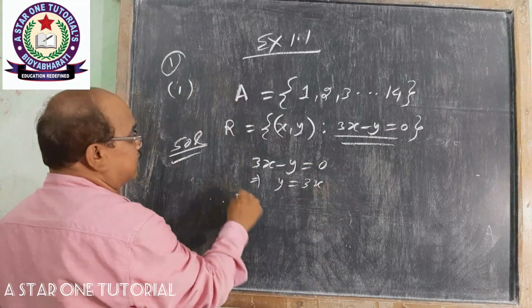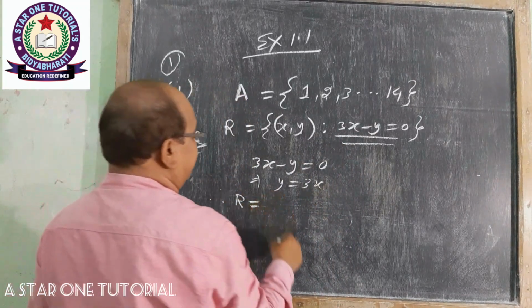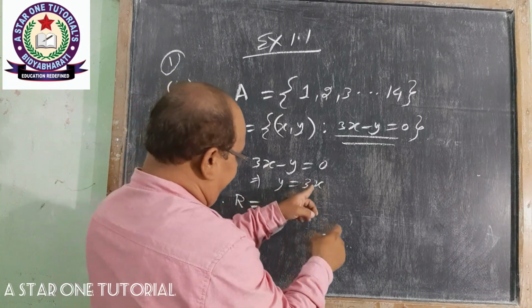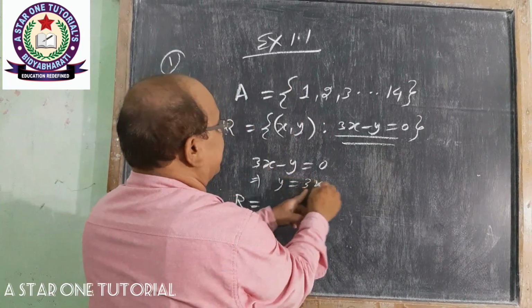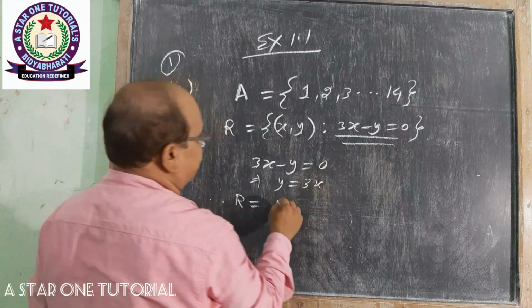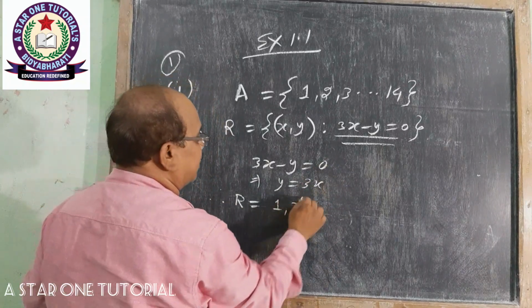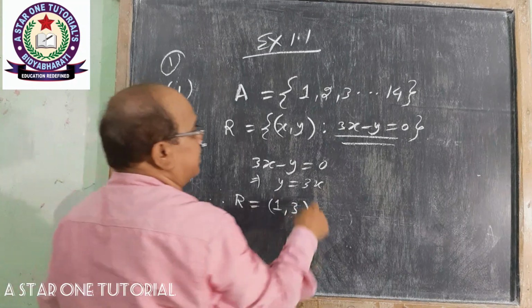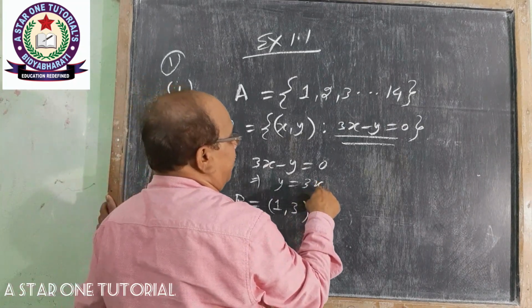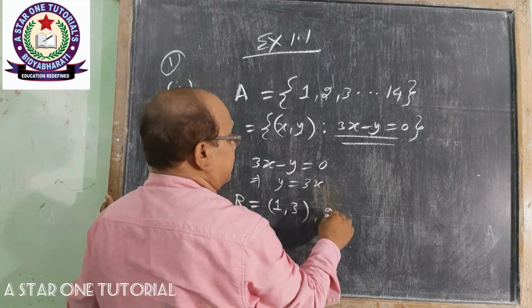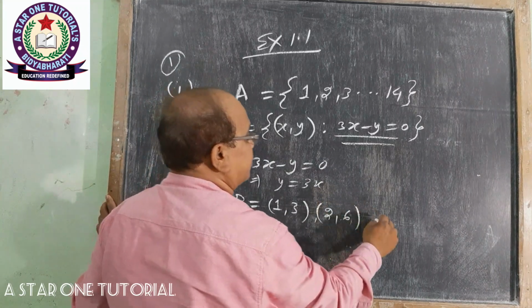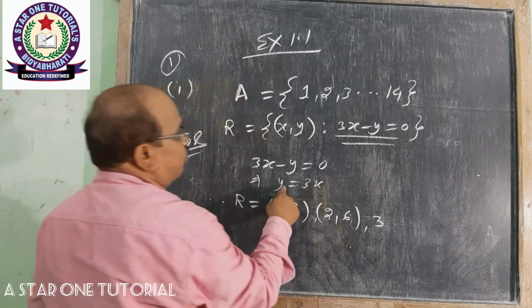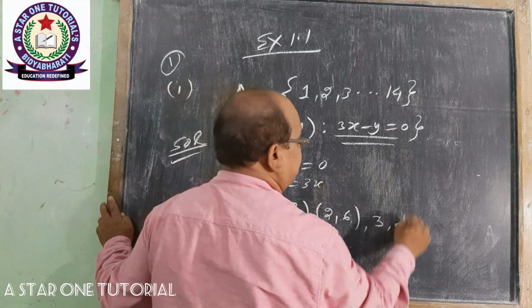Therefore, R is equal to, if we take x as 1, then y would be 3 into 1, that is equal to 3. So the first pair would be (1, 3). Second pair, if you take x as 2, then it would be (2, 6). Then if we take 3, then y would be 3 into 3, 9.